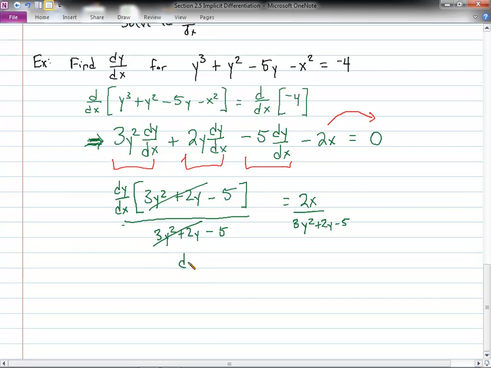And so dy dx is equal to 2x divided by 3y squared plus 2y minus 5.